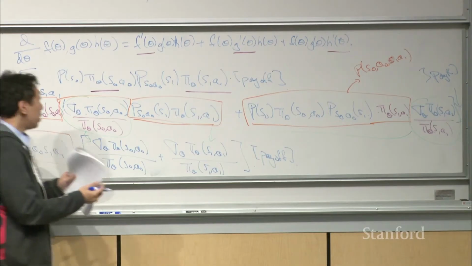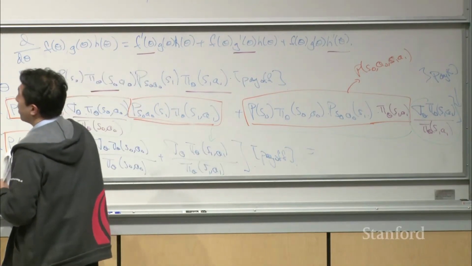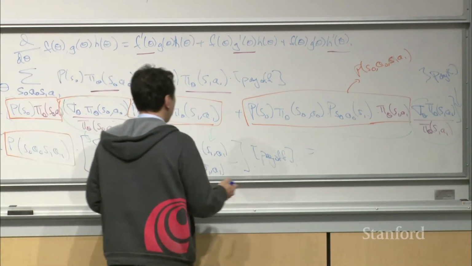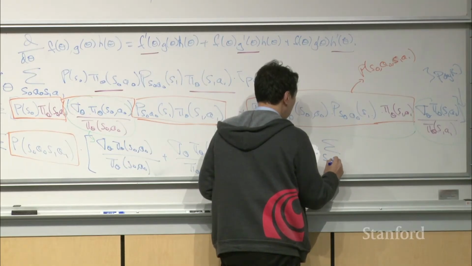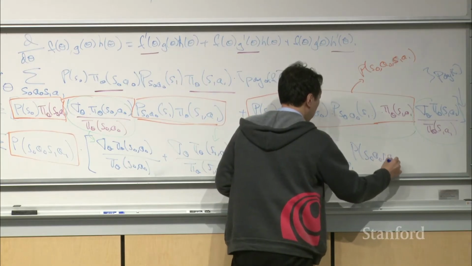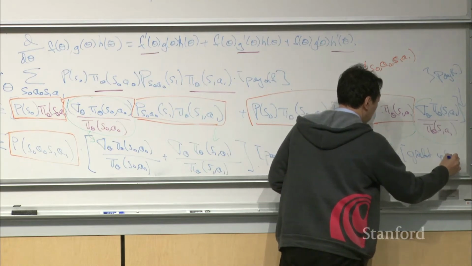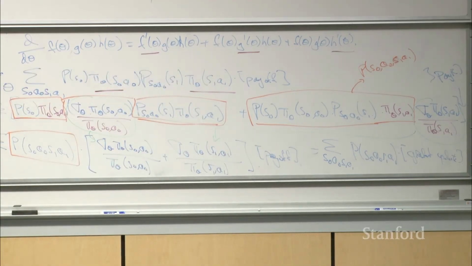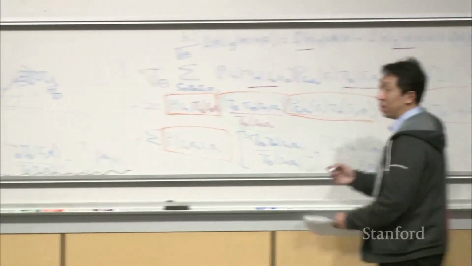And so this is just equal to, well, if you look at the REINFORCE algorithm that we wrote down, this is just equal to the sum over all the state action sequences times the probability of the gradient update. Because I guess I'm running out of colors. But this is a gradient update, and that's just equal to this thing. Okay.